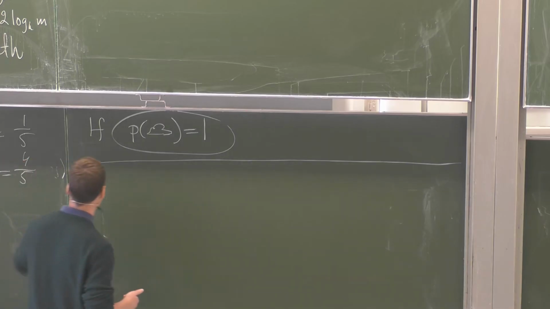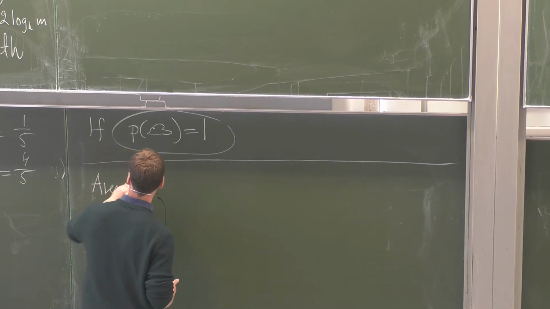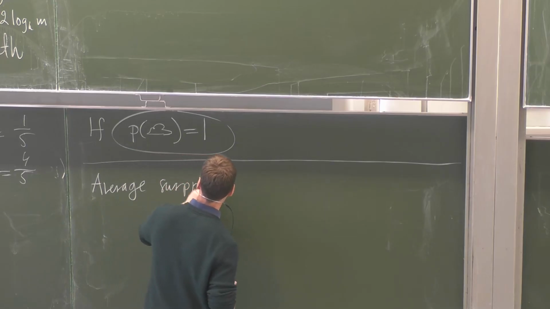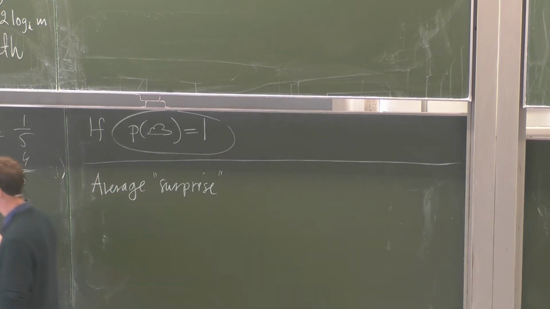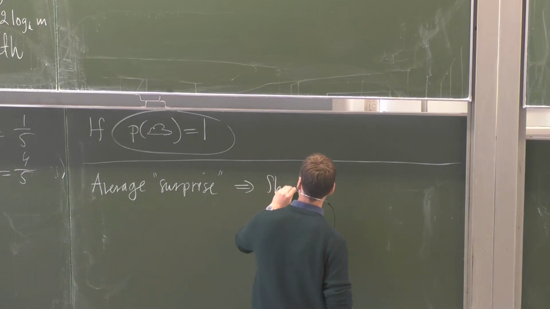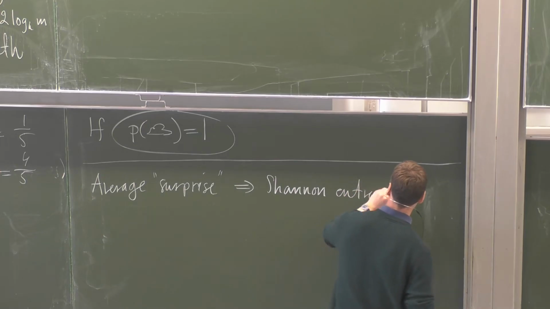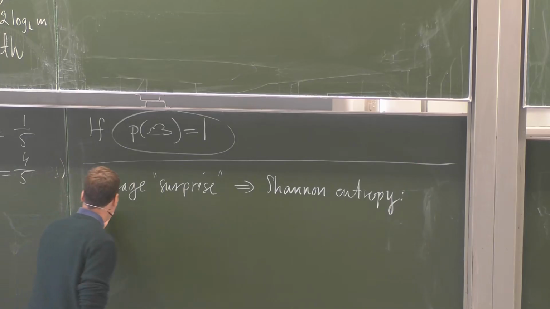So the average surprise, with surprise or information being defined like this, is exactly the Shannon entropy. That's H, so we have to take an average.